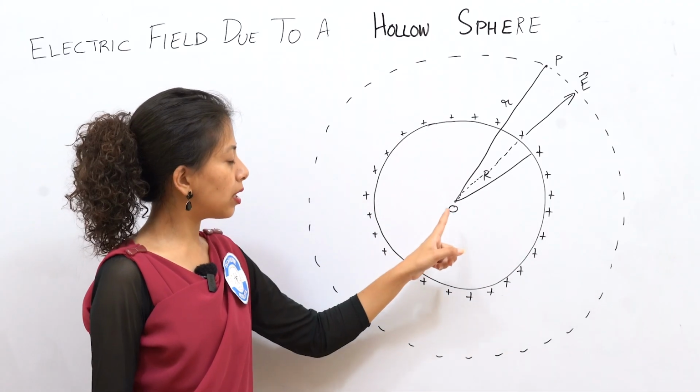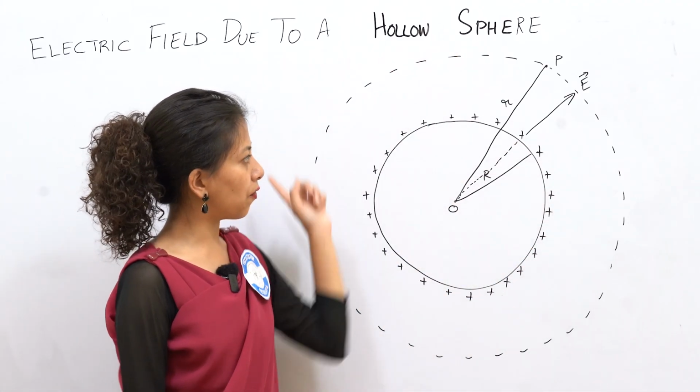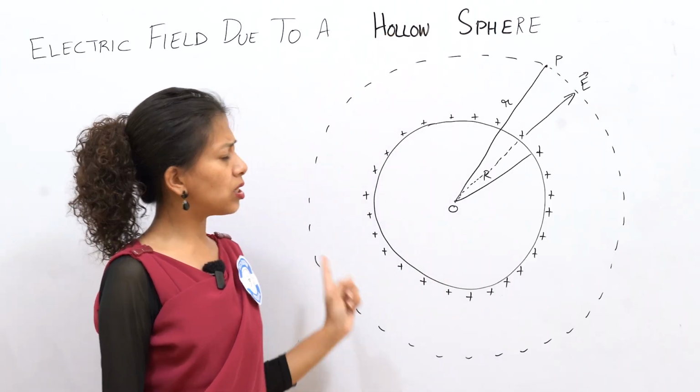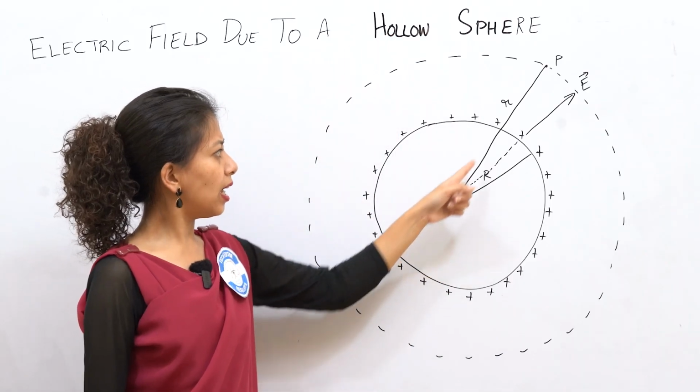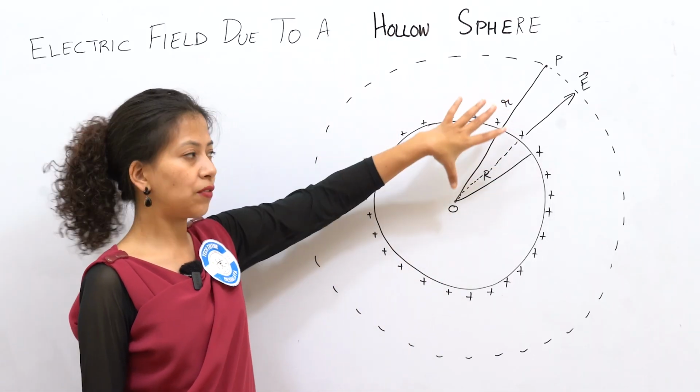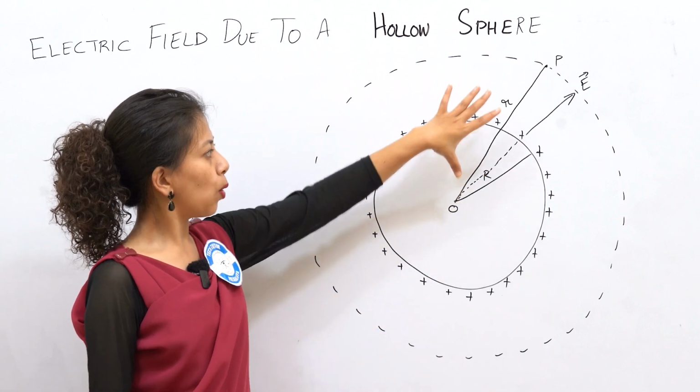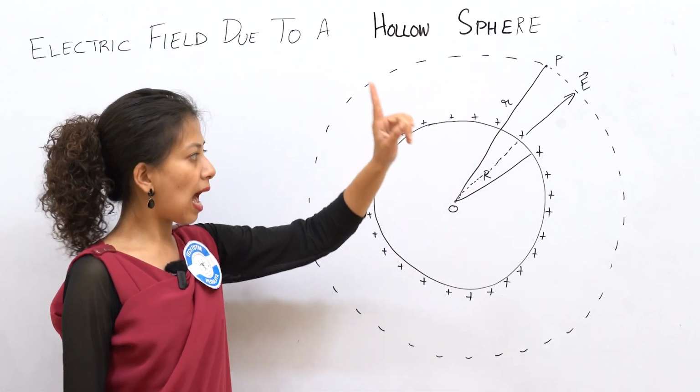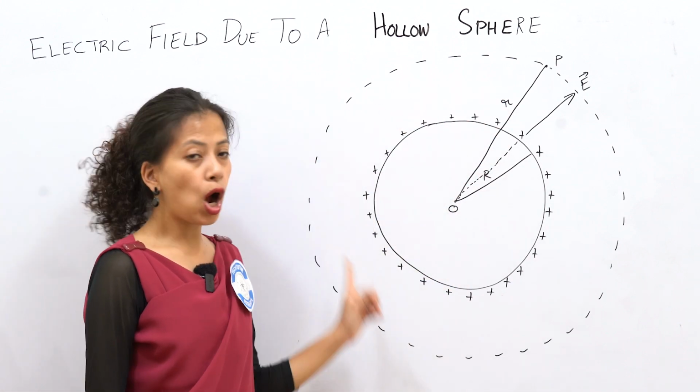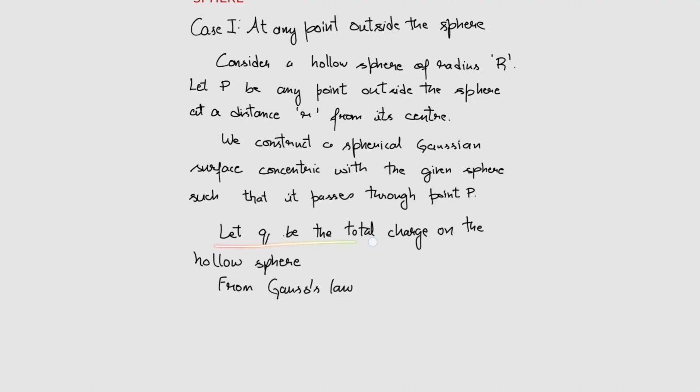One more thing to note down: the radius of this Gaussian surface is small letter r, with the same center as my hollow sphere. Let Q be the total charge on the hollow sphere.